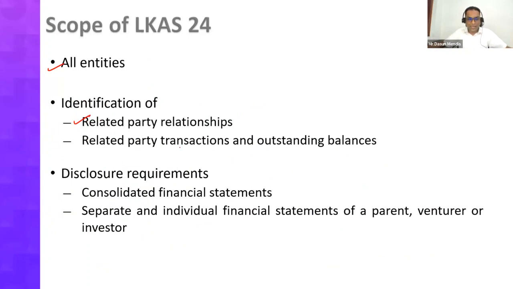Thereafter, related party transactions and the outstanding balances at the end. What are the transactions that took place during the year? You have been given information about these transactions. And what are the outstanding receivable and payable balances at the end? So now we need to disclose this. Let's do that.